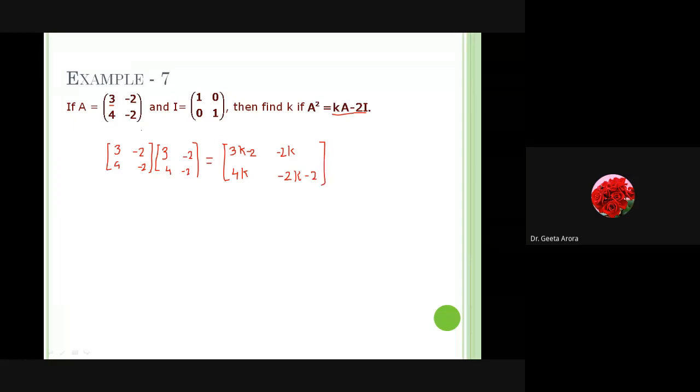Right? So these are the things we are getting. It means if I have to compare now, I have to multiply the two. So if I multiply, it becomes 3 into 3 is 9, 9 minus 8 here. Then it is minus of 6, 3 into minus 2, and minus 2 into minus 2 plus of 4.